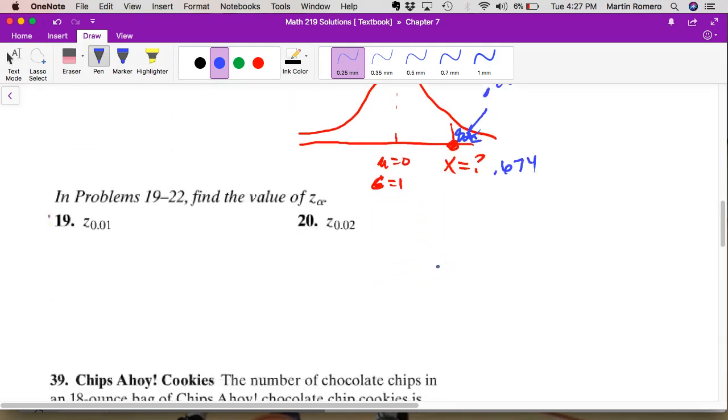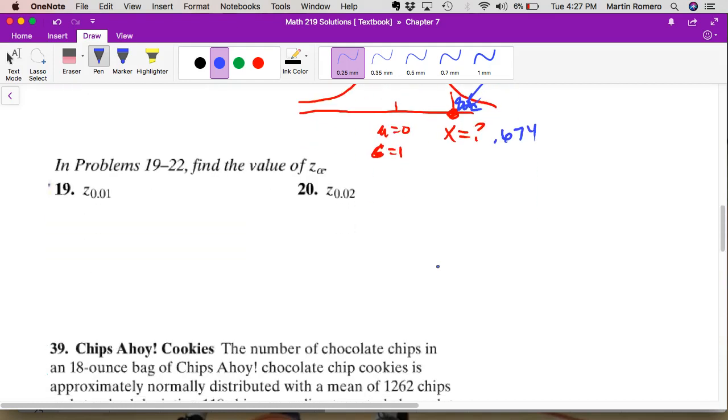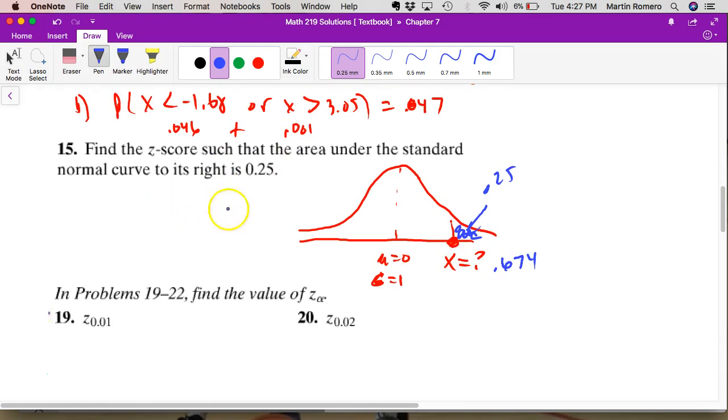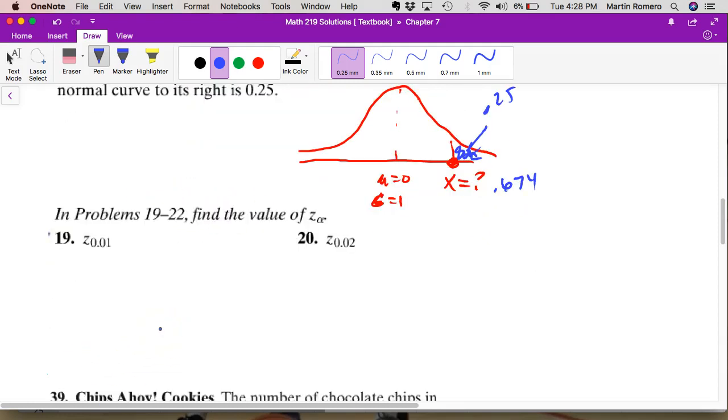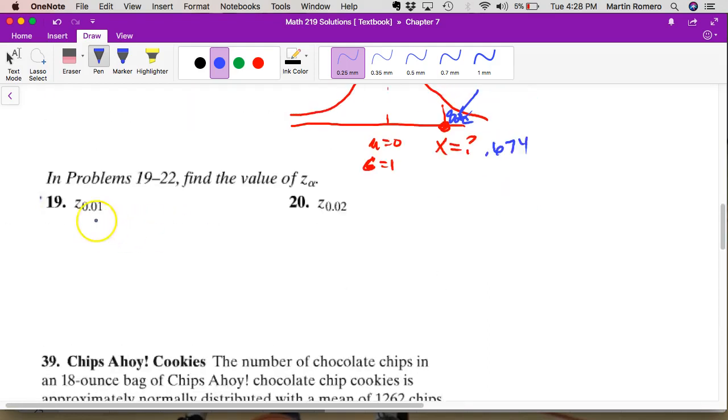Now moving on to problem number 19 and 20. They ask you similar things, they just do it in different notation. This exact question on 15 is the exact same question here. The only difference is they put it in a notation, z sub 0.01, z sub 0.02.